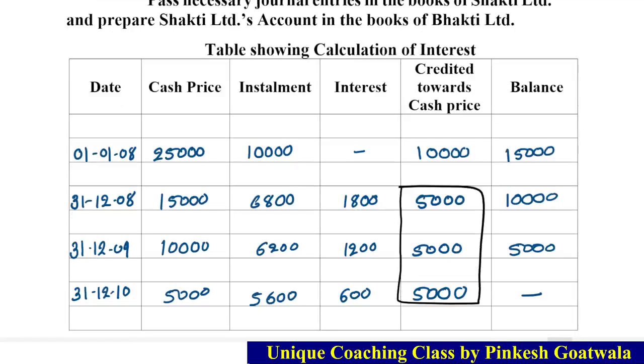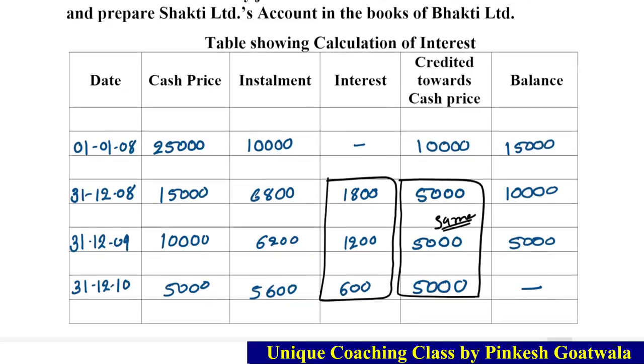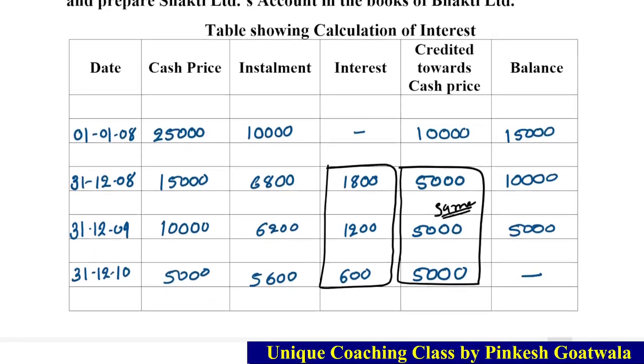Now one more point we have to remember: if these are all same, in that case, when the credit toward cash price, that is the net payment, is equal in all the installments, then just focus on the amount of interest. If you focus on the interest, it will be double from the last interest. The last interest will become double. Look at here, 600 to double 1200, that is, it keeps doubling.